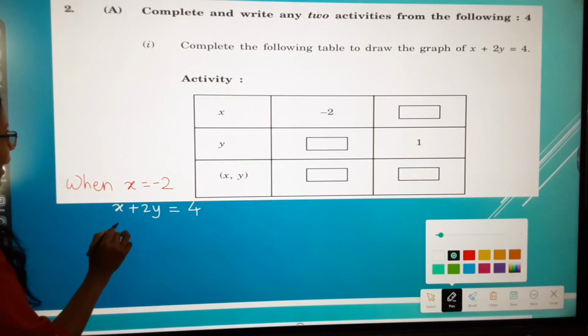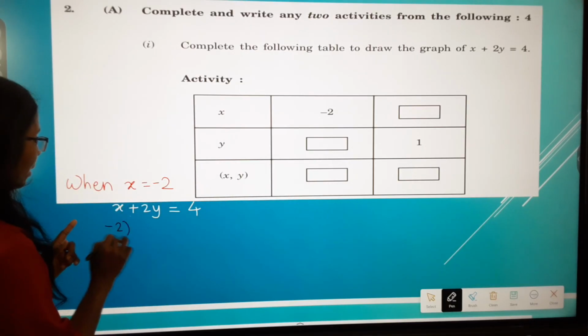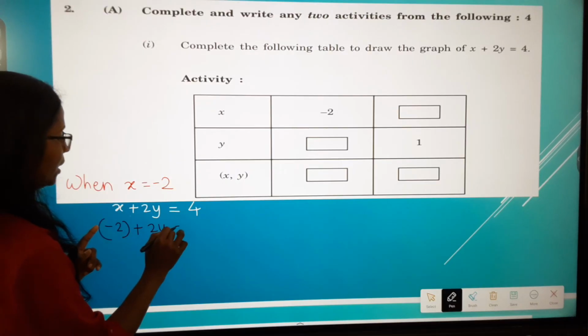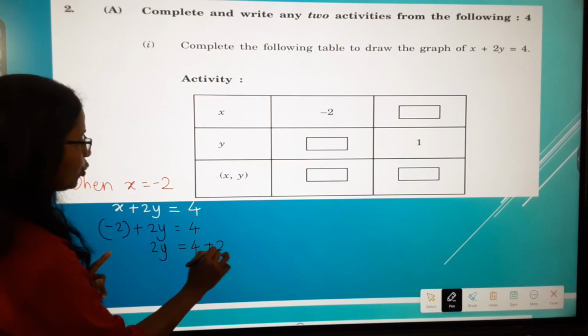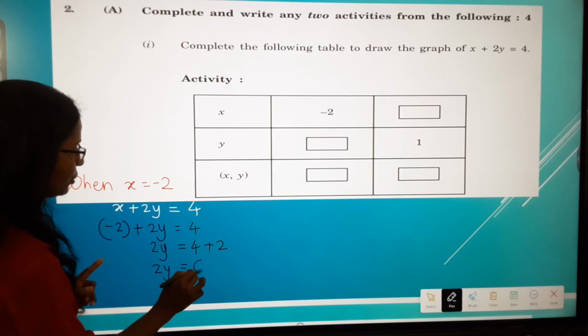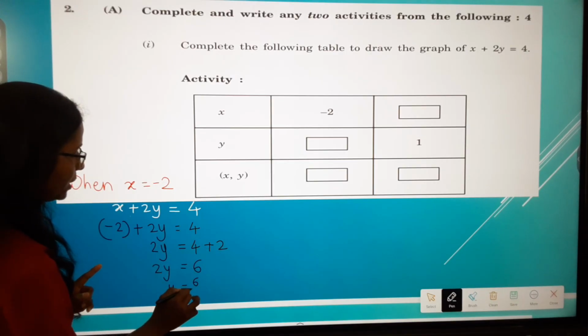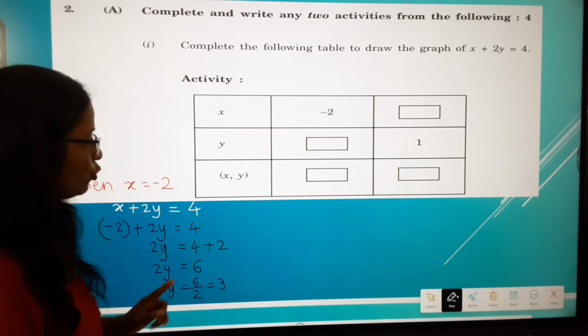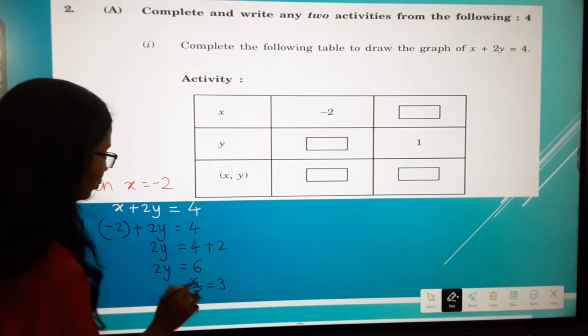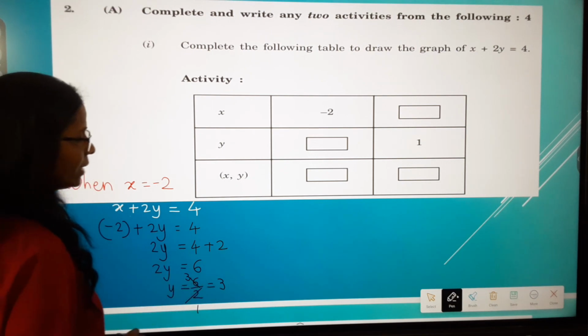So now here minus 2 plus 2y is equal to 4. So that means 2y is equal to 4 plus 2. That means 2y is equal to 6 and y is equal to 6 upon 2, that means students it is equal to 3. So here 2 ones are 2 and 2 threes are 6. Okay. So y is equal to 3.